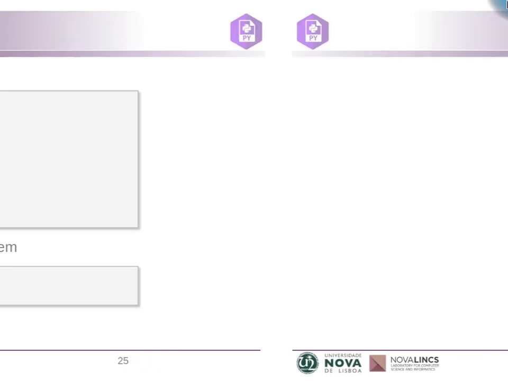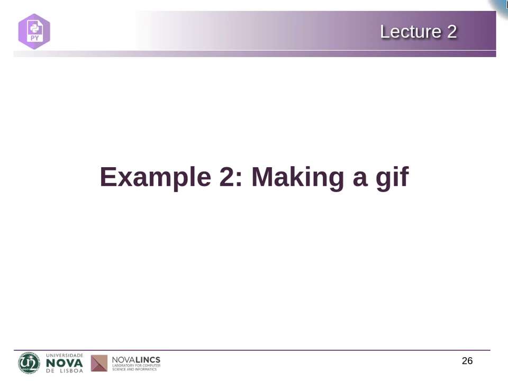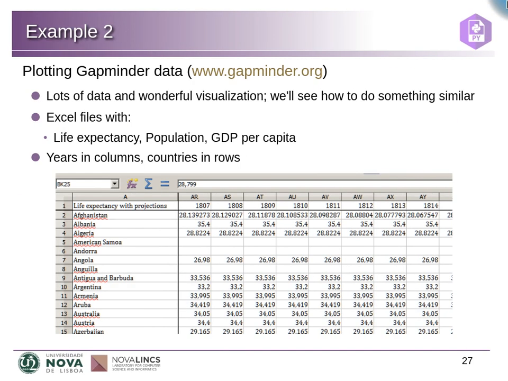So let's see an example that is a bit more complicated. This is a very good site for data on countries, the Gapminder. You have some good visualization there. And we'll do something similar to what we have on the site, just for this demonstration. So you have Excel files with indicators of development for the country, things like life expectancy, population, gross domestic product, and so on.